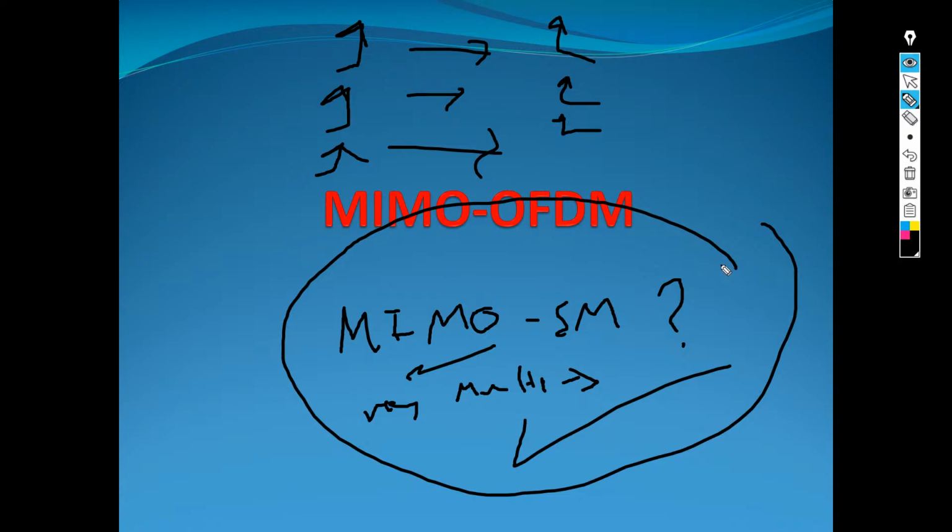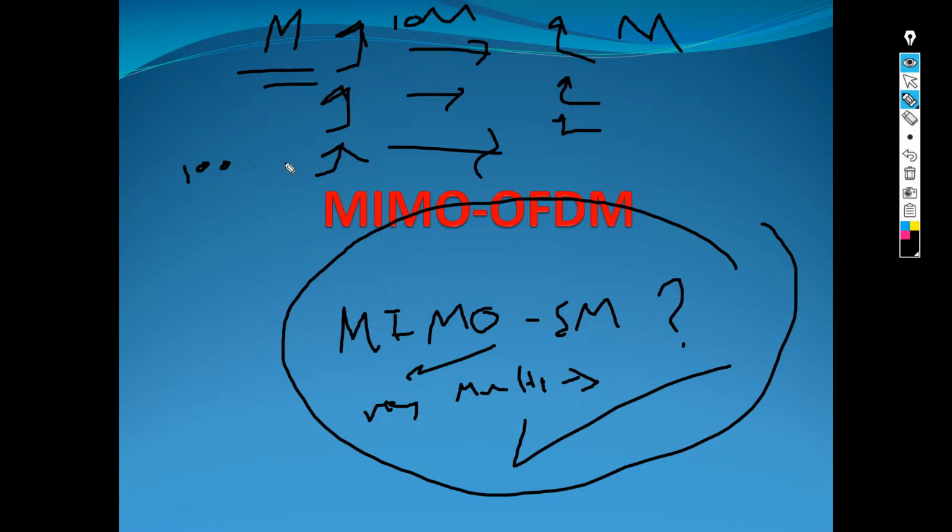So typically, when you have a rich scattering multipath and you have, let's say, m antennas at the transmitter and n antennas at the receiver, then the number of multiple streams you can send simultaneously is m equal to n. For example, suppose the data rate from each antenna is 10 mega, and you have 100 antennas, and you are using spatial multiplexing in a multipath environment.